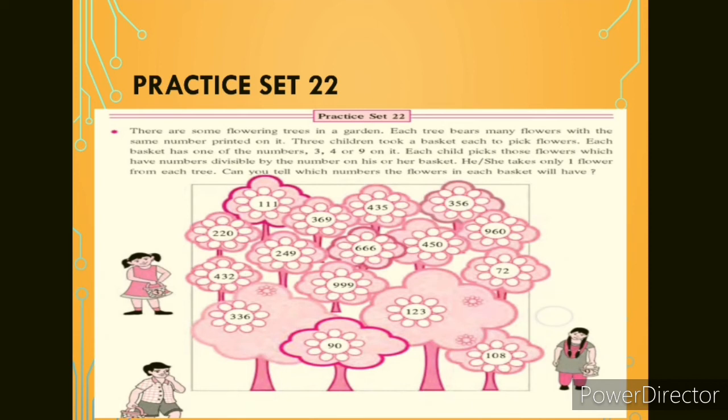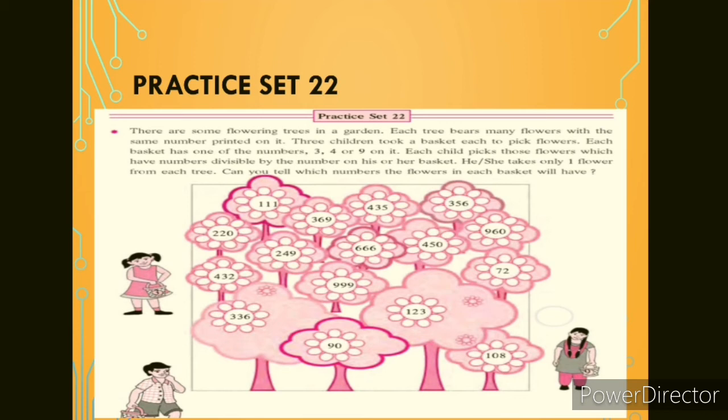Each basket has one of the numbers, that is 3, 4 or 9 on it. Each child picks up those flowers which have numbers divisible by the number on his or her basket. He or she takes only one flower from each tree. Can you tell which number the flowers in each basket will have?